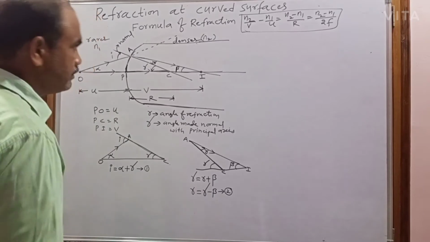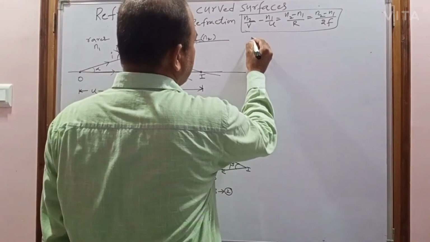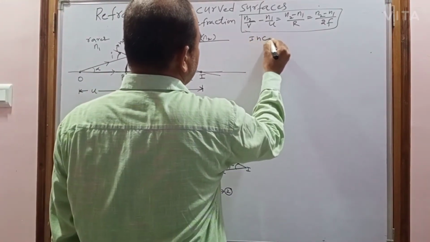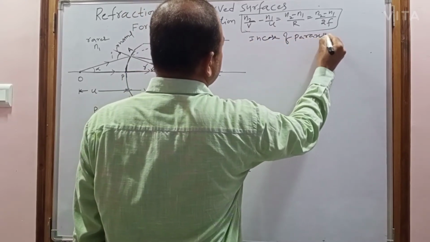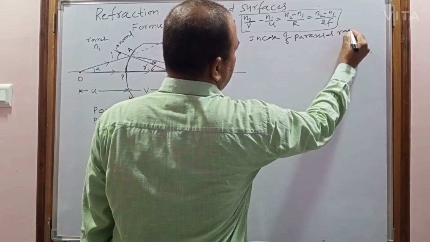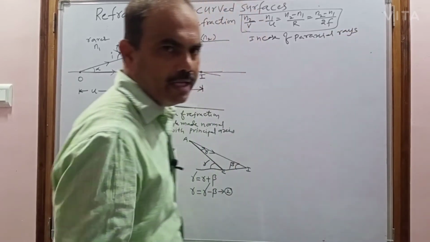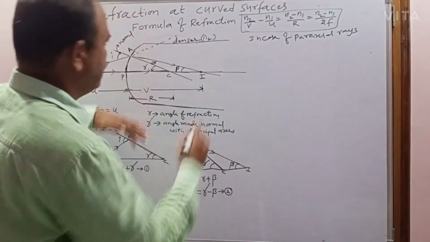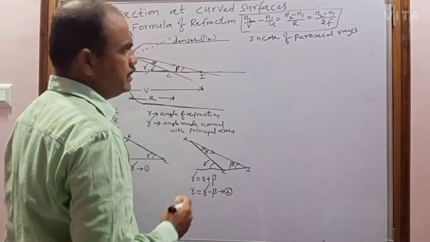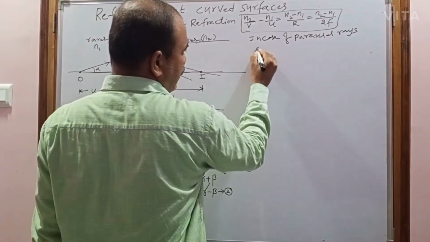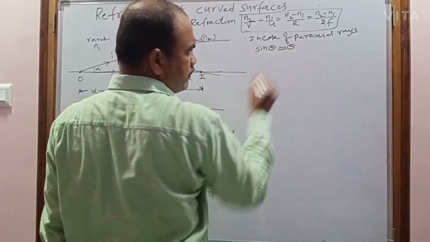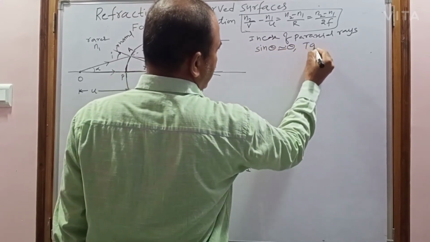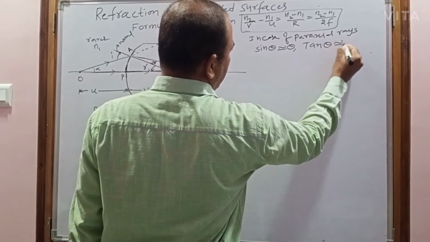Paraxial rays. Paraxial rays are the rays which are very near to the principal axis. In the case of paraxial rays, sin theta can be taken as theta, and tan theta can be taken as theta. Remember.